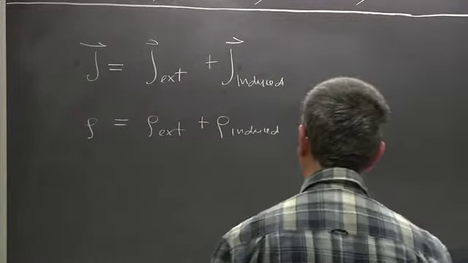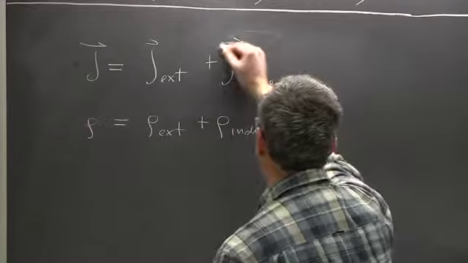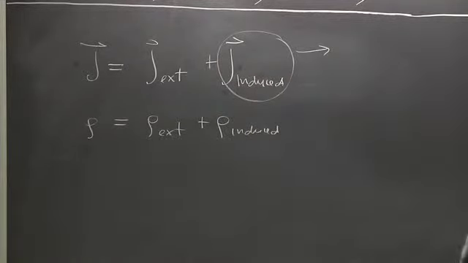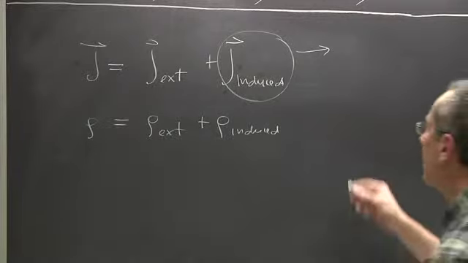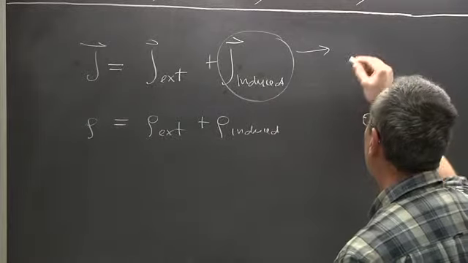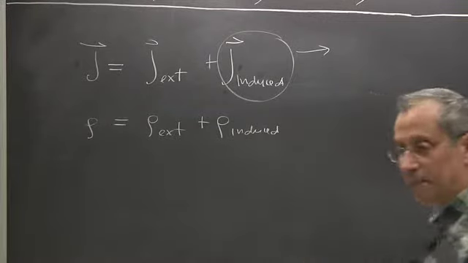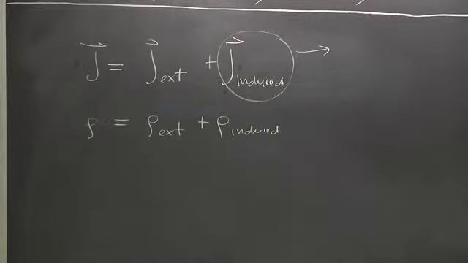And this part here is then usually written in this form, and you will see why in a second. So the induced current comes from two contributions. One is, you understand, the polarization of your medium.